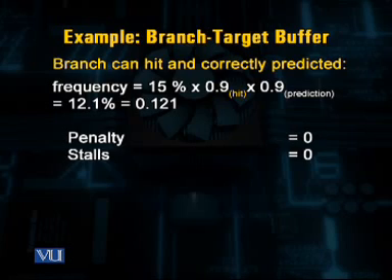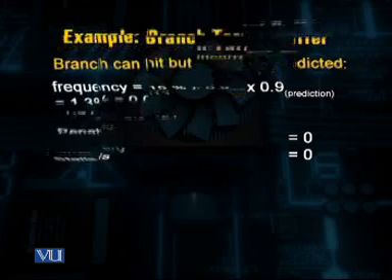This results in a value of 12.1%, or it is equal to 0.121. The penalty as well as stalls in this case is equal to 0. Therefore, the net stall value is equal to 0.